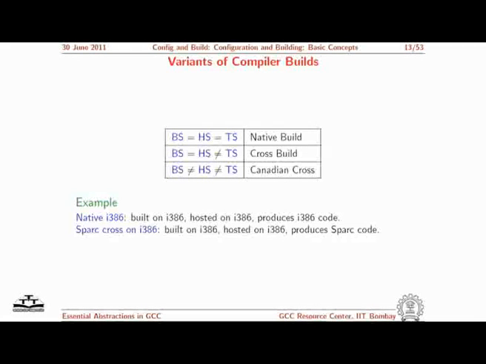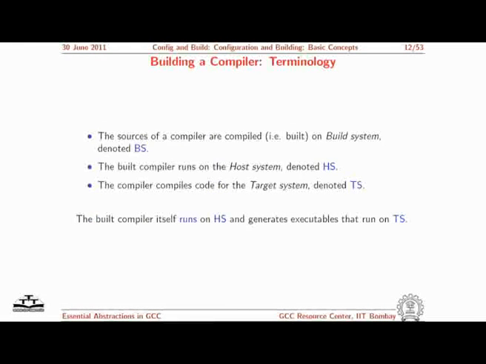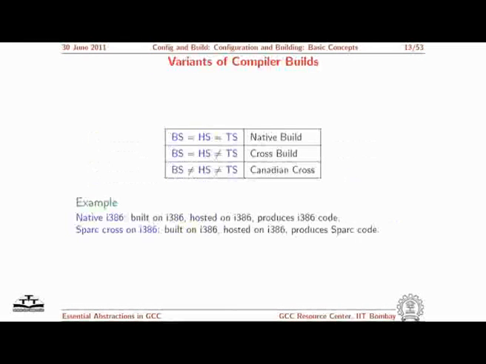It's possible that all three of them are the same. I just download the GCC source, untar it on this machine, build a compiler on this machine. The generated compiler has to run on this machine, and the generated compiler has to generate code for this machine. That's called a native build. Everything is the same.